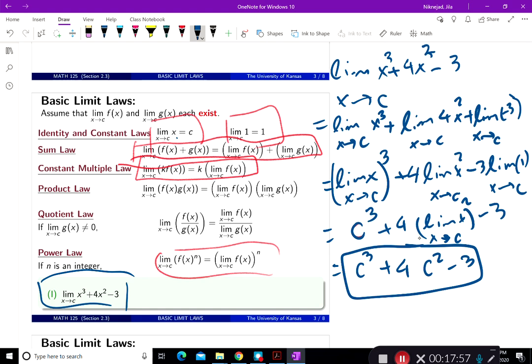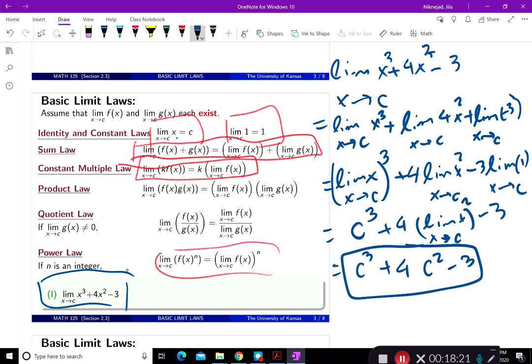I compare that to here, and I see this as basically plugging c into the function. We're trying to build up this concept for you that if the functions are continuous, whatever continuous is, we're going to talk about that soon, then you can just plug it in.